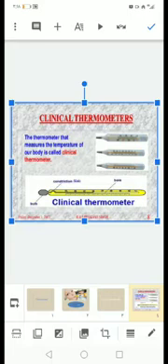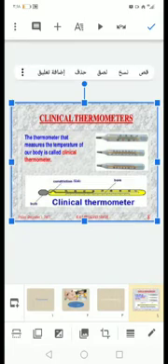This is the shape of a clinical thermometer. It has a glass tube. Inside the glass tube, the narrow tube is called the capillary tube. At the end of this glass tube is the bulb. Inside the bulb, the liquid is called mercury.